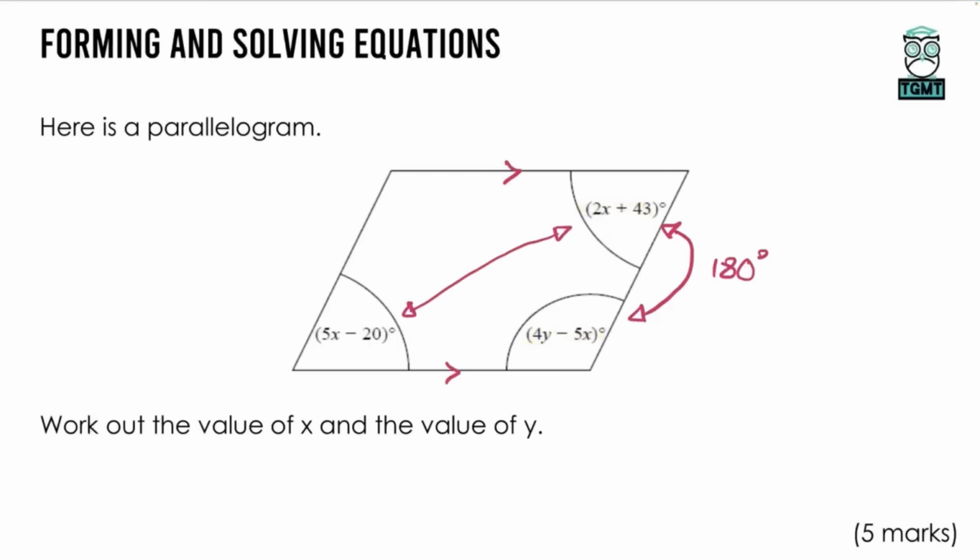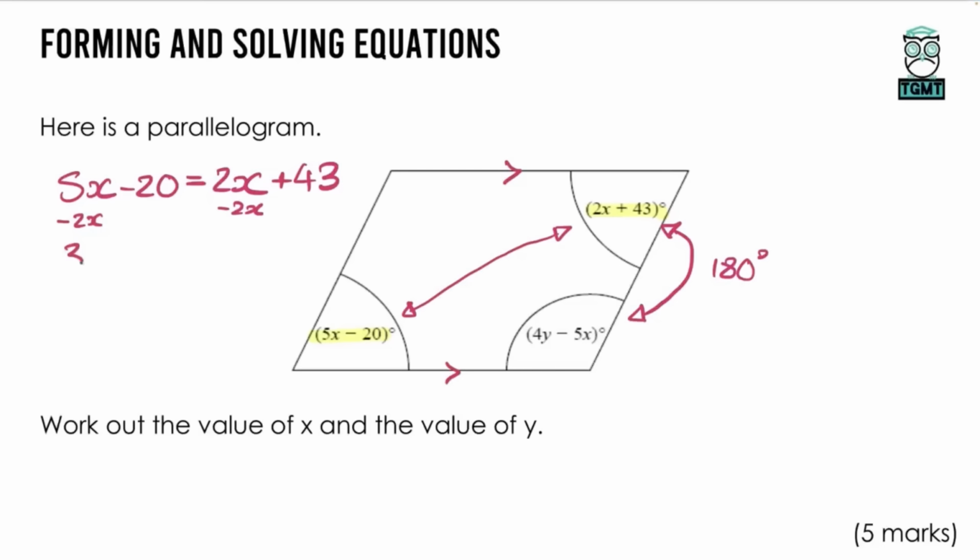So we're going to start with these first two that just have x's in. That's going to allow us to form an equation with only x in that we can solve. So for that, we've got 5x minus 20 is equal to 2x plus 43. We can solve that equation. There's x's on both sides, so we have to get rid of the smallest x from both sides.